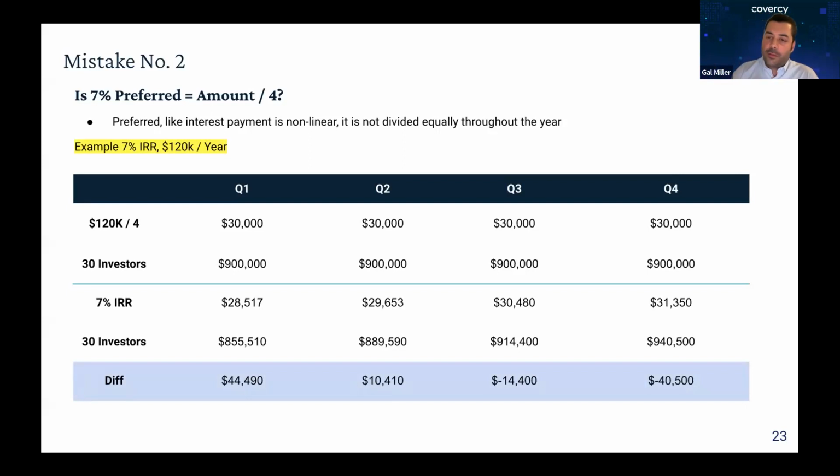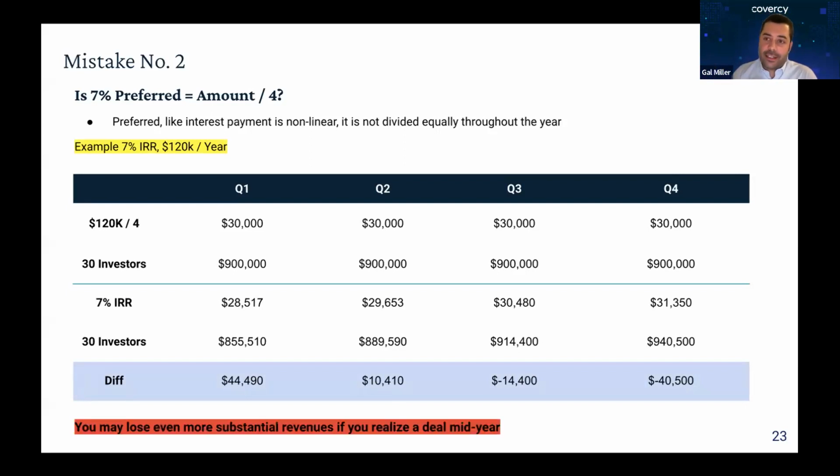And if you realize the deal in the middle of the year, then you might lose these funds completely because it will not balance toward the end of the year. So it's critical to calculate it correctly and not just divide it by 4 or 12 or something like that.